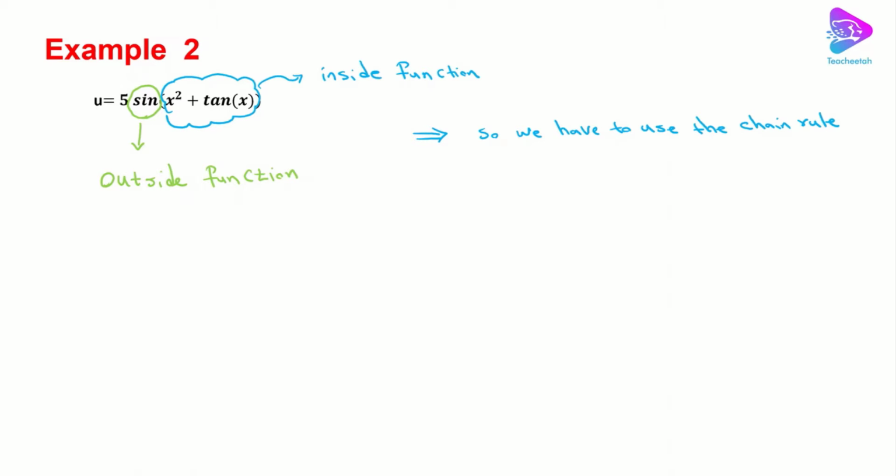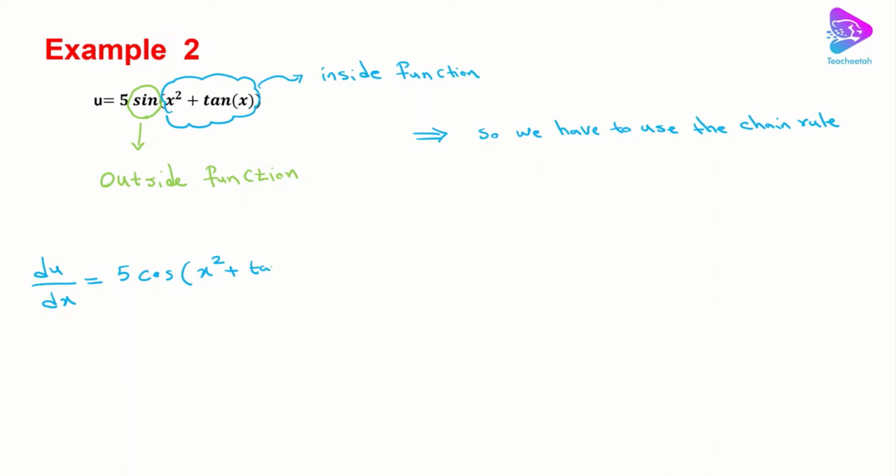For using the chain rule, first we need to take the derivative of the outside function. So basically we need to take the derivative of sine, which is going to be du over dx equals 5 cos of x squared plus tan x, where we keep the inside as it is.